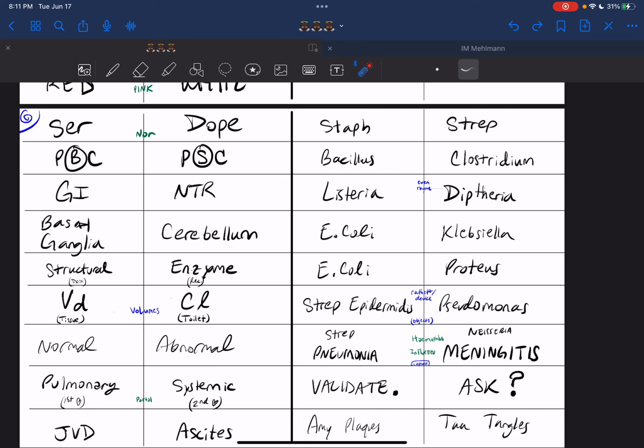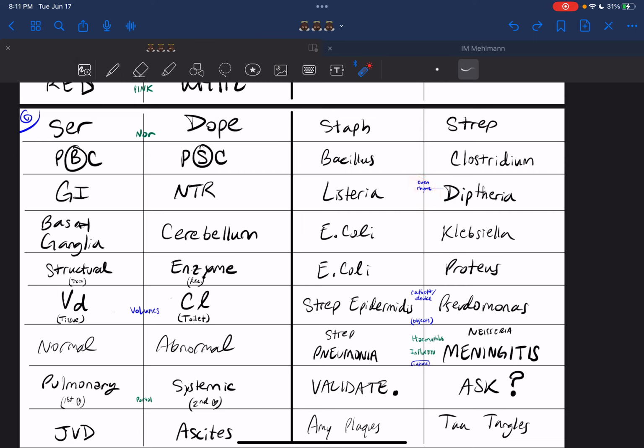Then you have the other gram-positive pair, which is gram-positive rods. So staph and strep are the gram-positive balls, which are called cocci. Then you have the gram-positive rods.